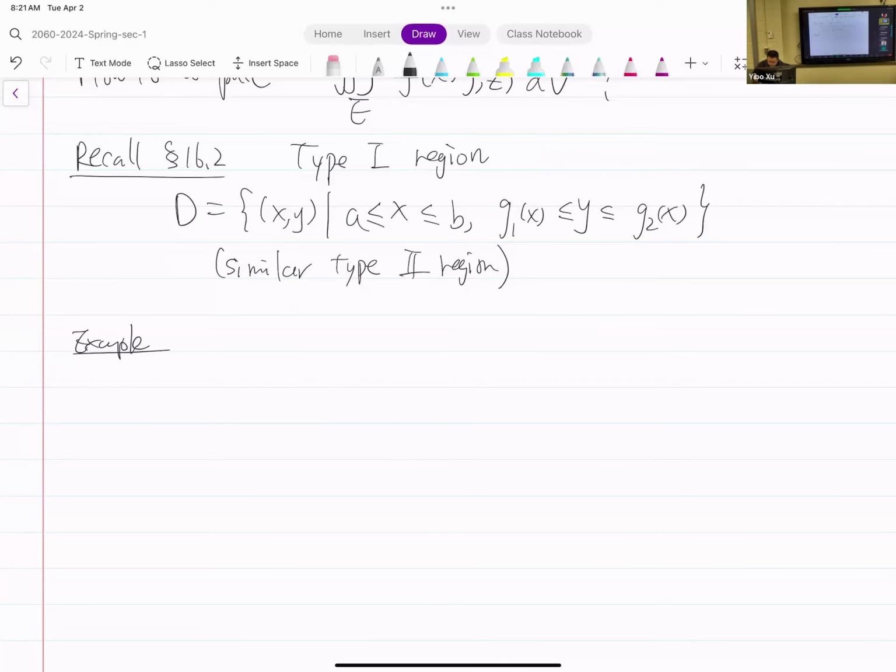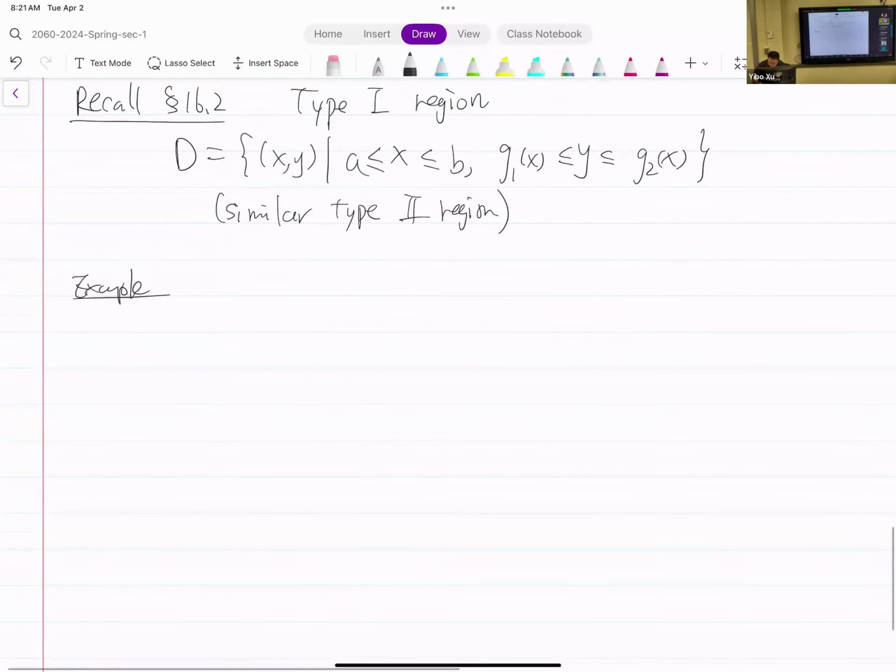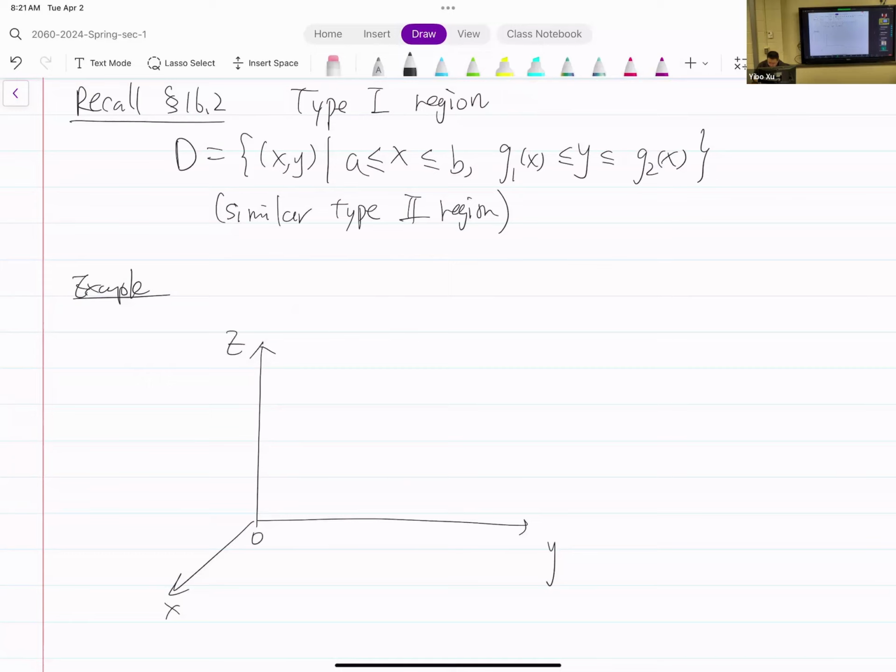So it could be something like, let me first establish the axes. So x, y, z, origin. So suppose here we have a solid that has a surrounding surface to be somehow cylindrical. On the top, I have some region which is a surface. The surrounding ones are kind of cylindrical.